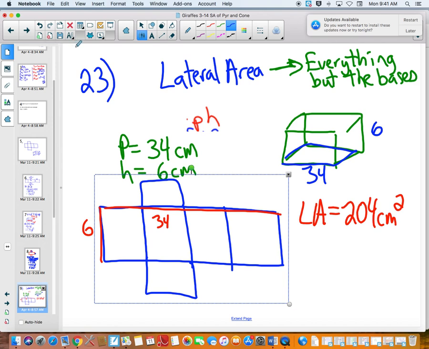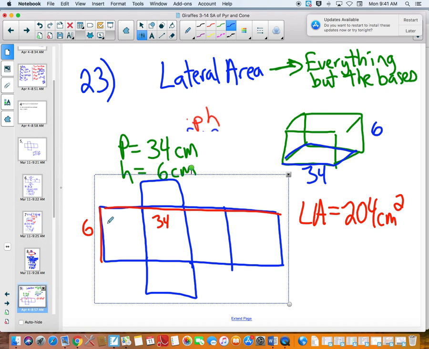Next, we move on to question 23, where they're just asking for the lateral surface area, which is everything but the bases. So with this, we have the perimeter of the base times the height.